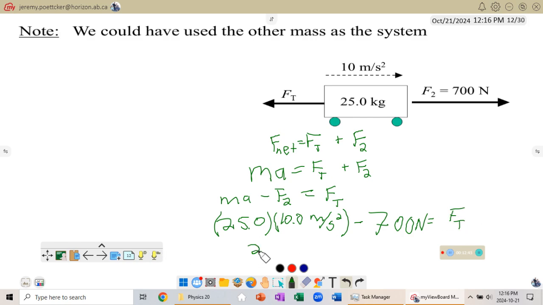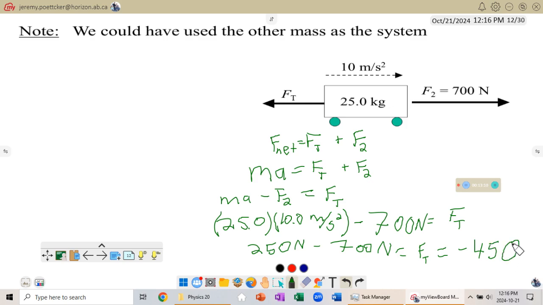So 25 times 10 is 250 newtons, minus 700 newtons, equals Ft. I do that on my calculator, and I come up with, indeed, Ft is negative 450 newtons. Remember that with the first part, we calculated it to be positive 450. Here it is in the opposite direction, and so negative 450 is correct.